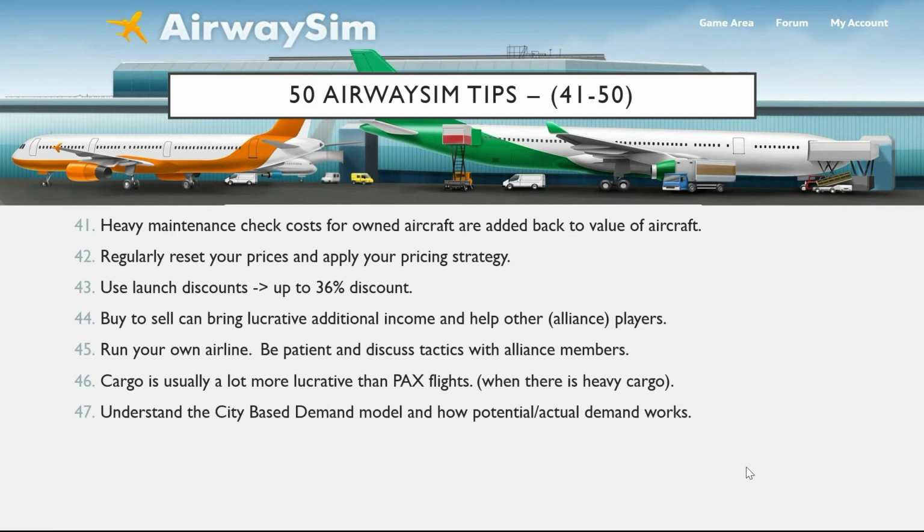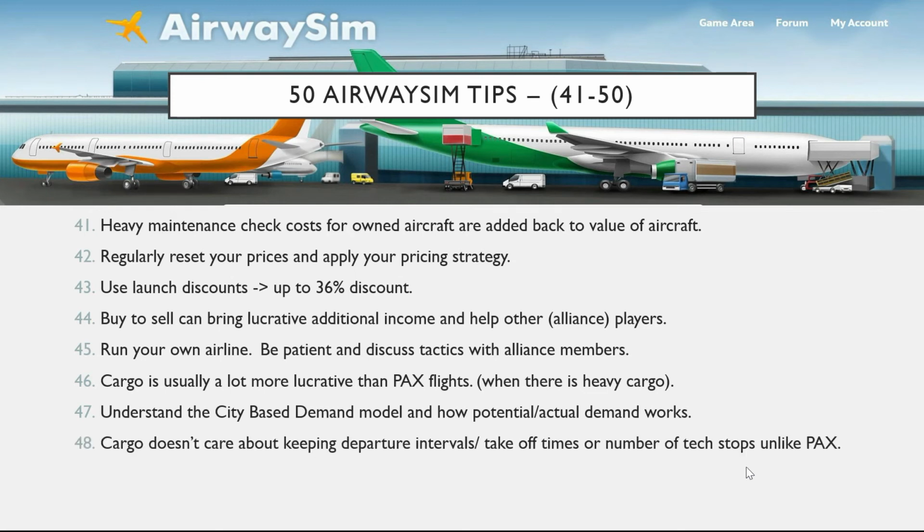But it's important to understand how that model works and how demands shift from potential into actual demands. There is another video I've created just to cover cargo, everything. You'll find the link here as well. I recommend you look into that because it clearly explains how the city-based demand model works and how potential and actual demands can shift.